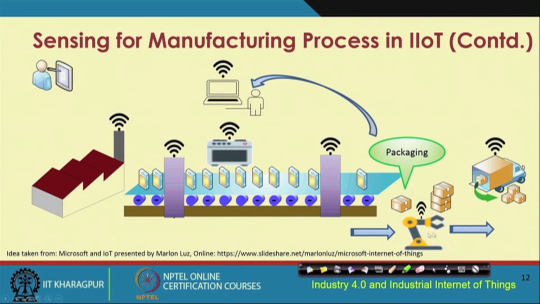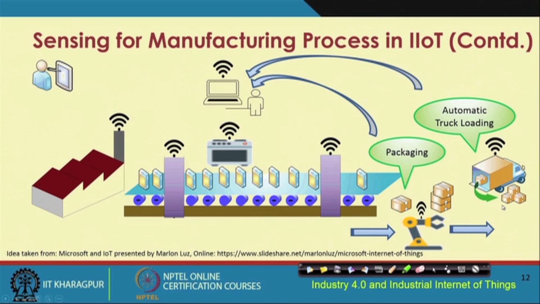So, the product moves on further after these are packaged, and automatically the products are loaded on the trucks or any vehicle that is going to carry these products. The packages are loaded on the truck, and that information is also sent to that central processor.